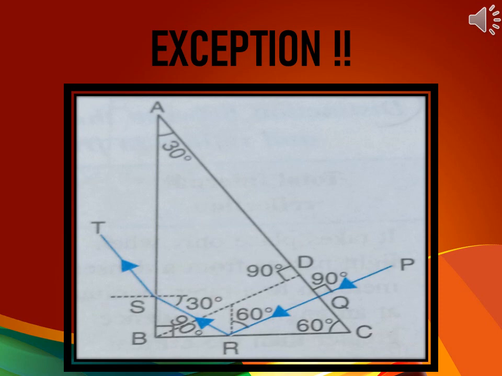The ray of light suffers TIR inside the prism as RS. The reflected ray RS then strikes the face AB at an angle of incidence 30 degree, so it suffers refraction from glass to air and emerges out of the prism as ST, bending away from the normal at the face AB. Thus, the incident ray PQ gets deviated through an angle greater than 60 degree.